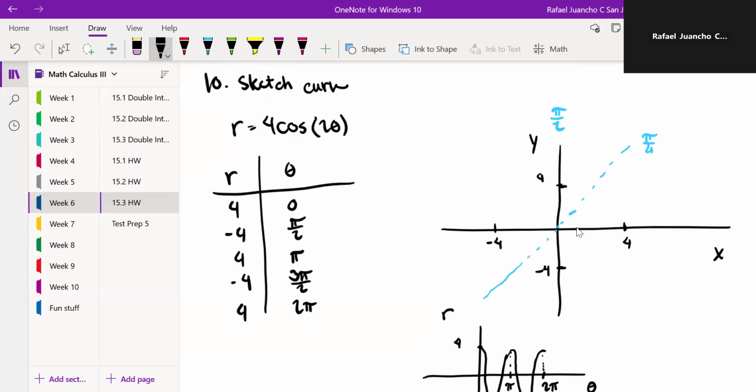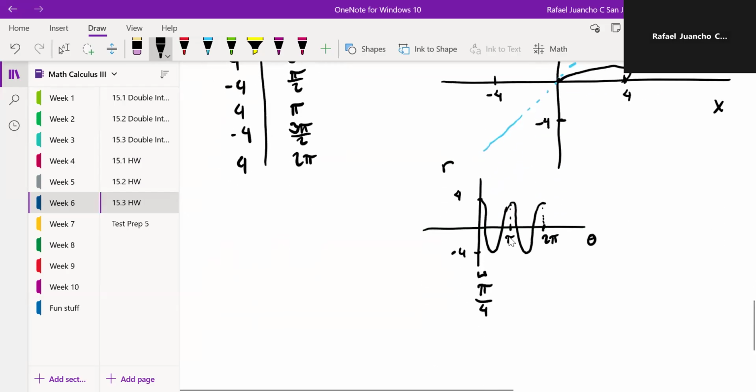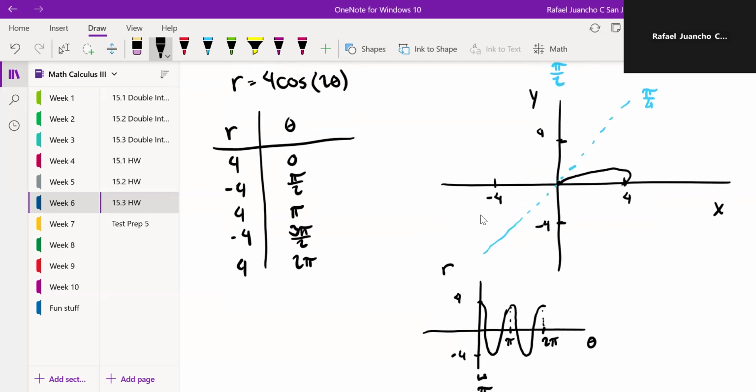Well, then what's happening is I'm rotating from here to 0, right? Now I'm at 0 again. And then once I'm at 0, I go down to negative 4 at pi half.